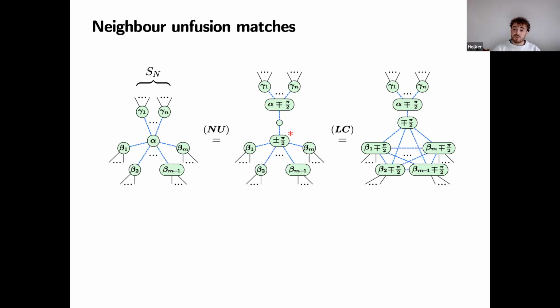With neighbour unfusion, we can select by choosing the set of vertices which we unfuse from a vertex. So here, in this case, we look at local complementation, but pivoting is an equivalent process.